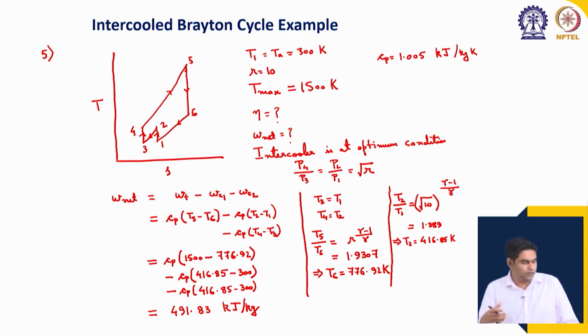However, for the reheat cycle the work output was considerably higher, it was 564.5 kilojoule per kg. So, here the effect is not as strong as adding reheating, that we have already discussed that intercooler does not have as drastic effect as reheating, okay, both on the positive side as well as on the negative side.